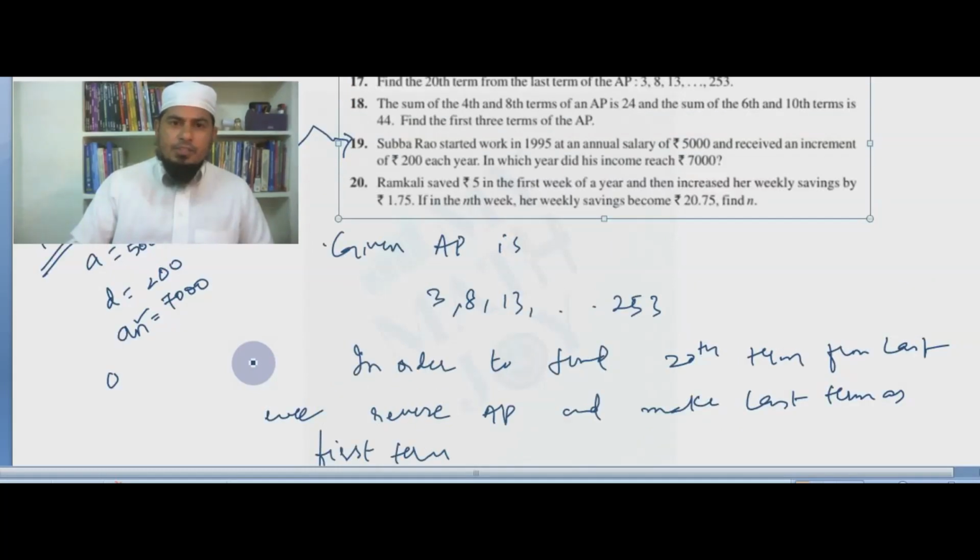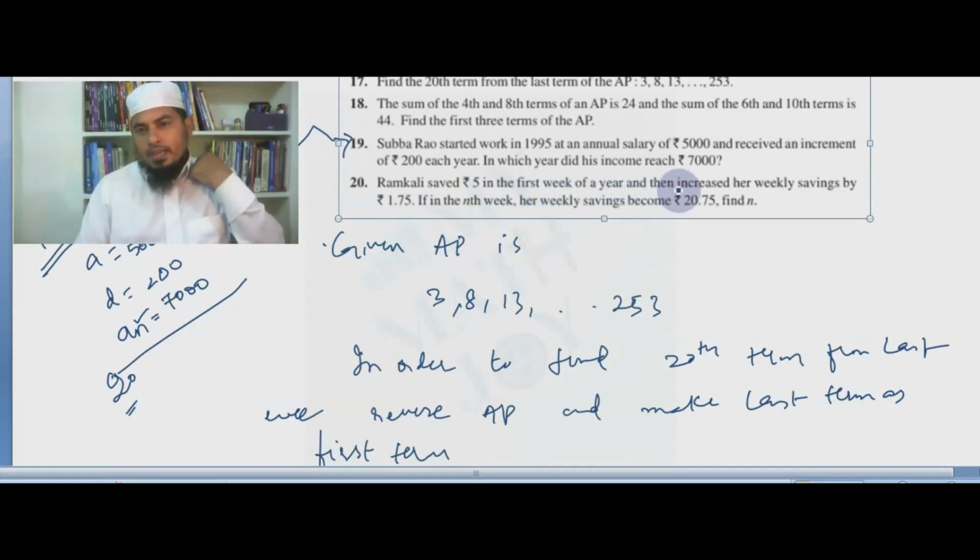Similarly, the 20th question is also in the same fashion. Ramkali saved rupees 5 in the first week of a year and then increased her weekly savings by 1.75. If in the nth week her weekly saving becomes 20.75, find N. A is rupees 5 and D is 1.75 rupees increase every week.